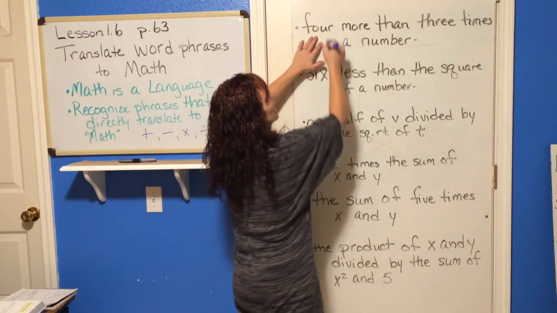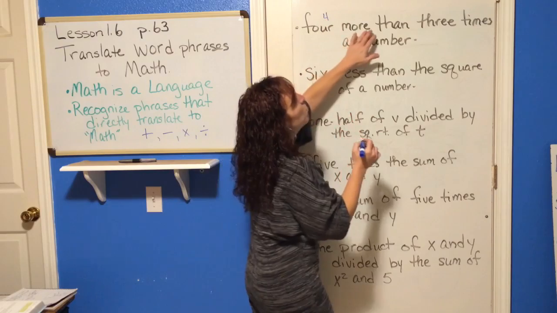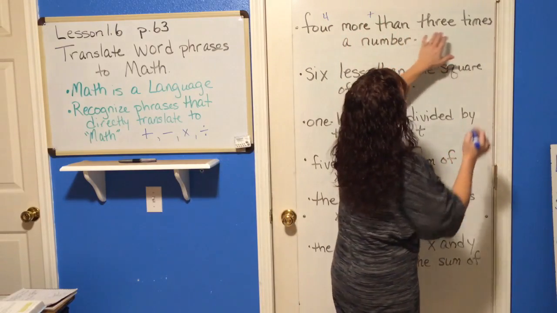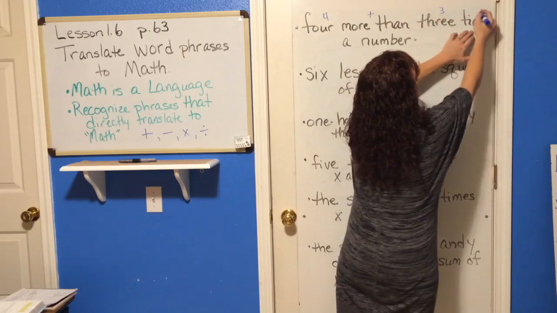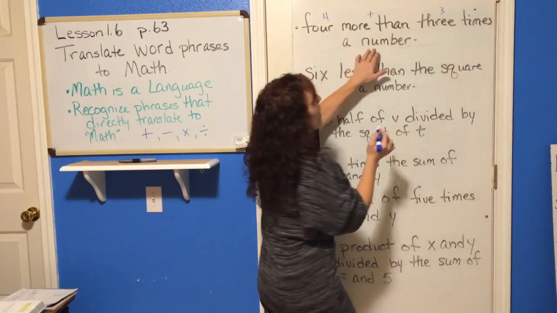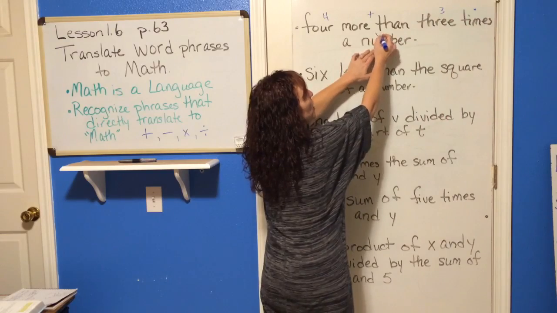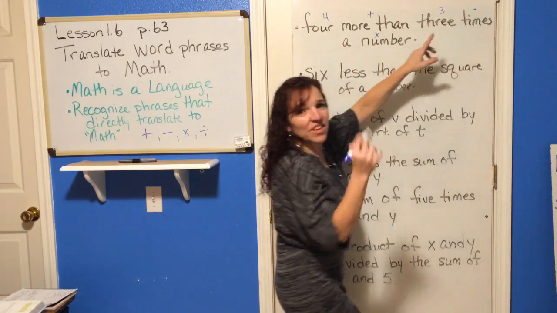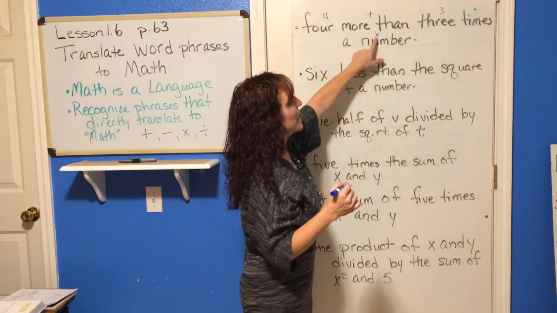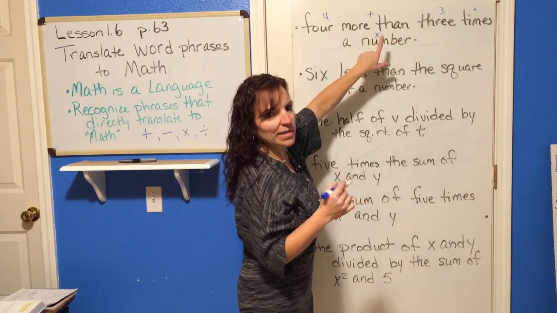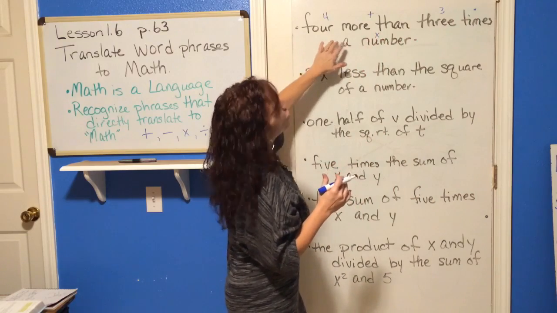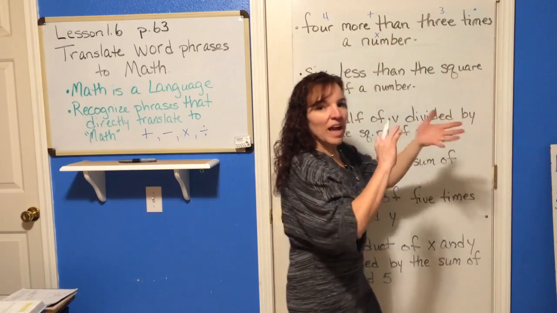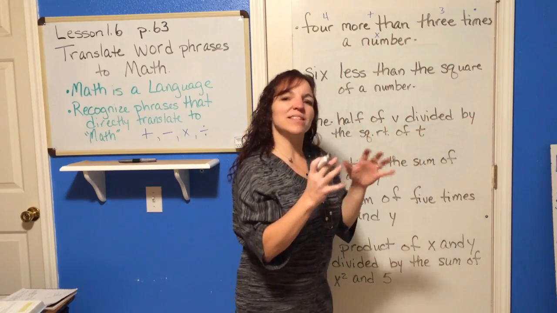So 4 is easy. That's going to be a number. More than is going to be adding. 3 times a number, 3 is a 3. Times is a multiplication problem. A number is something we don't know, and so there's your unknown, there's your x. Notice that I'm using a dot for times instead of an x times sign, because the number x we're going to notate with an x, just so that you're clear there. So here again, the more than, just like the less than, would be opposite, but with addition, it's not as important.